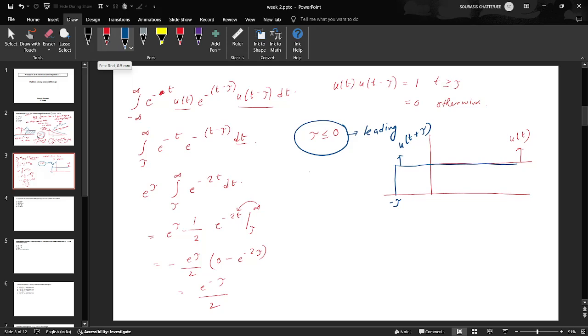So let us compute the autocorrelation function in this case, minus infinity to infinity e to the power minus t u(t) e to the power minus (t minus tau) u(t minus tau), sorry, u(t plus tau), dt.